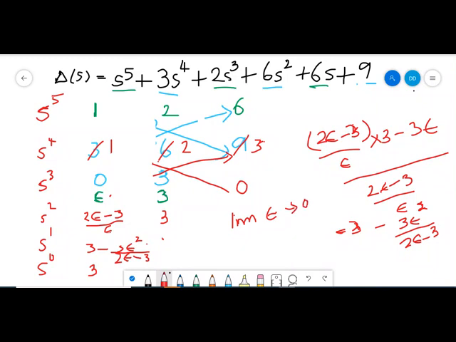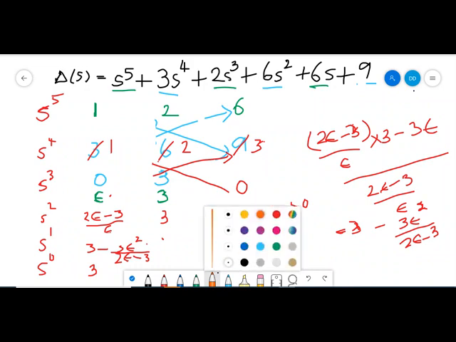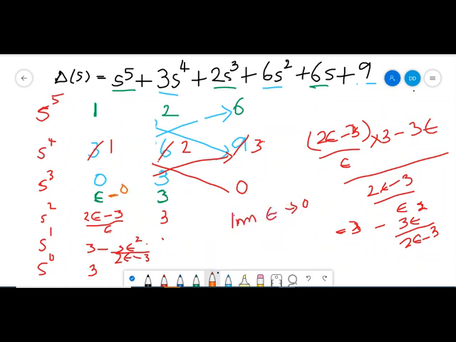What will happen if we consider epsilon as 0? This becomes 0. Next, what happens to the s square row? 2 epsilon by epsilon, epsilon will get cancelled, and you will have minus 3 by epsilon here. If you substitute the limit epsilon tends to 0, this becomes infinity.